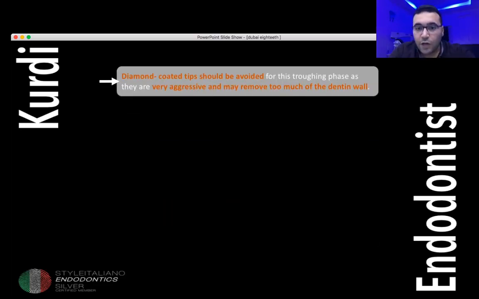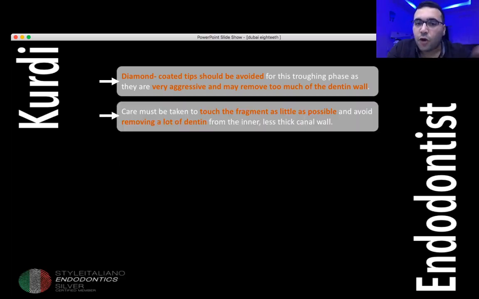We have this kind of diamond coated tips. Please do not use them because they are a little bit more aggressive. In such cases, just use the normal, ordinary ultrasonic tips. You should also touch the file, but keep this touching as little as possible.